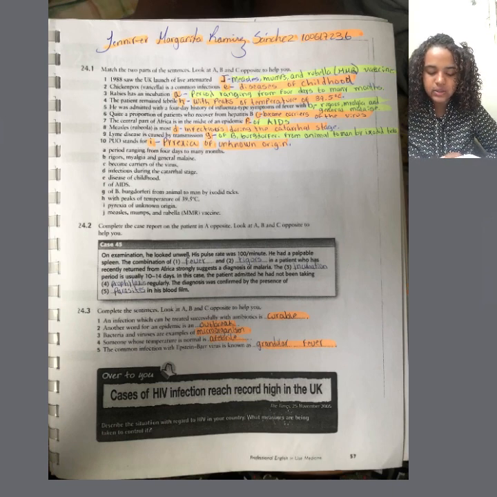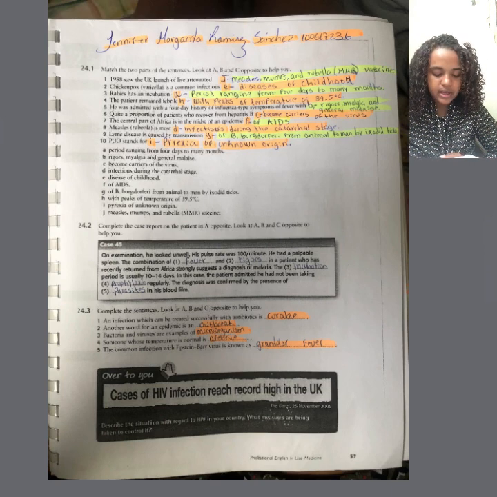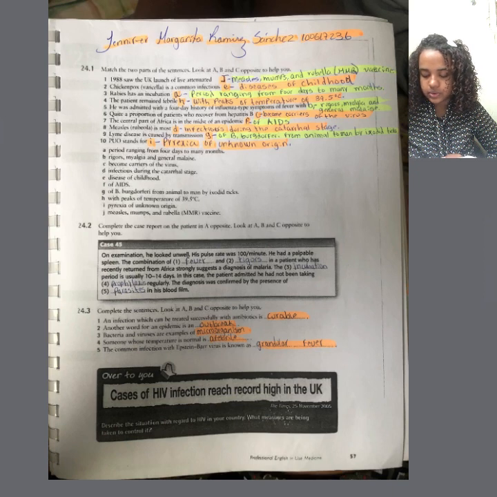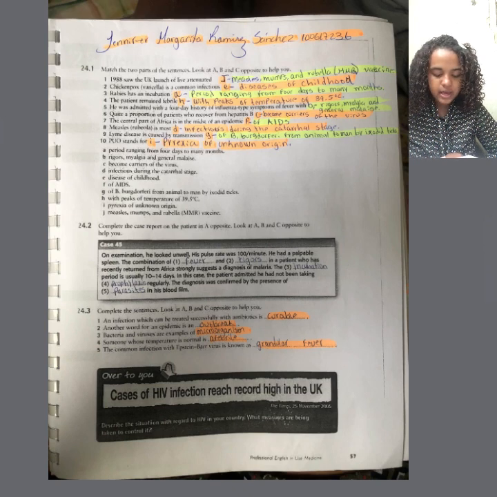Complete the sentences. Look at A, B, and C opposite to help you. An infection with bacteria can be treated successfully with antibiotics; it is curable. Another word for epidemic is outbreak.